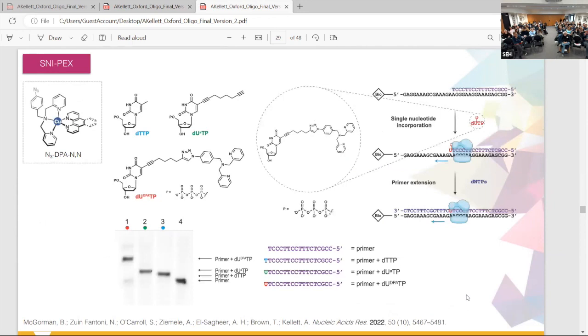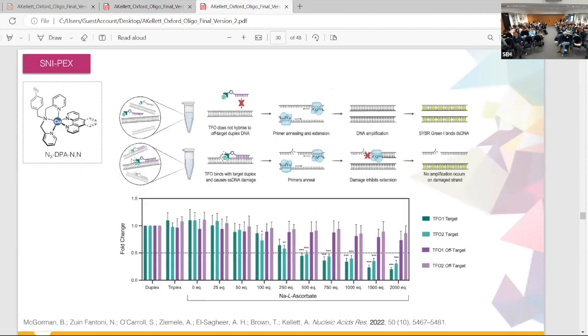We can also use single nucleotide incorporation primer extension technology, which was originally developed by Professor Kellett, and we've incorporated a DPA caging ligand into a dNTP and studied the activity as a targeted chemical nuclease. So this work led by Rina McGorman and Nicolau Fantoni, we could identify that the targeted DNA damage was occurring.